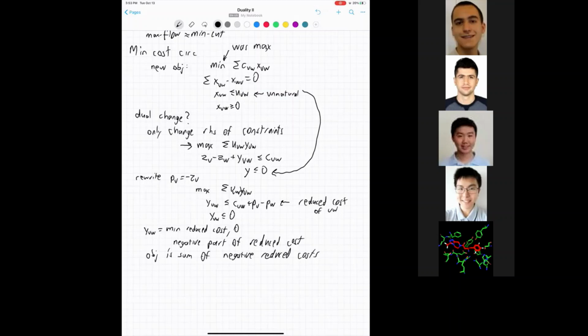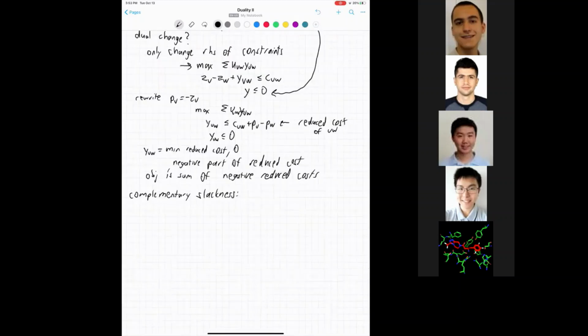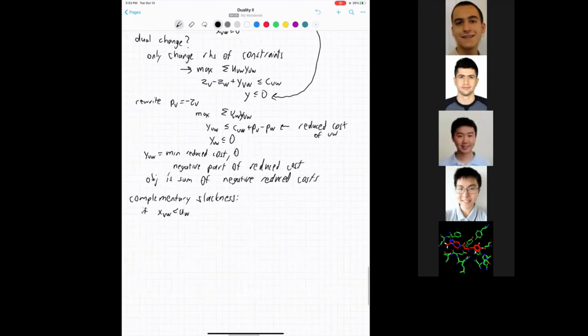Okay. So now let me once again invoke complementary slackness. Suppose that a particular edge is not saturated. What does complementary slackness tell me?